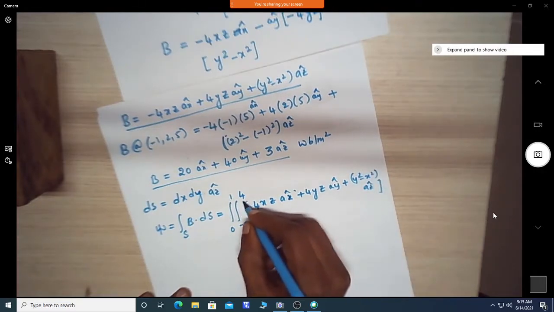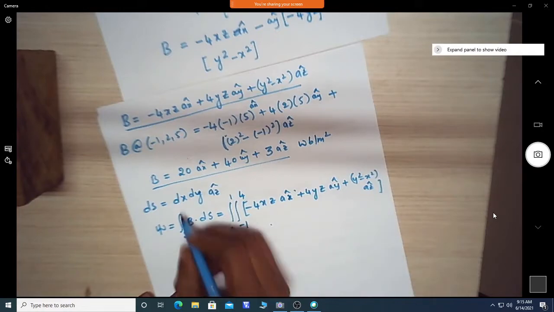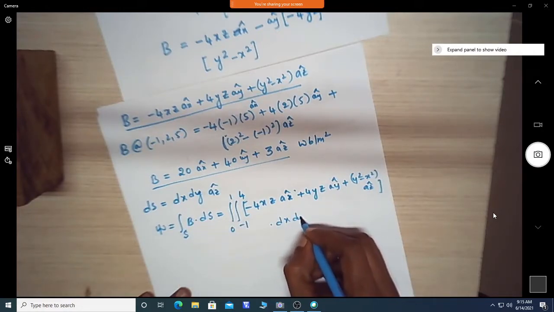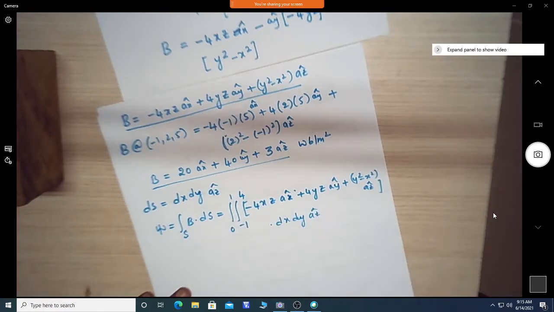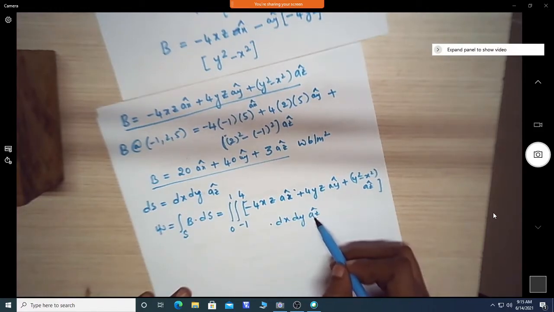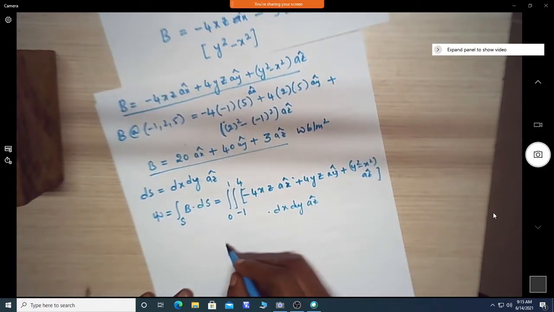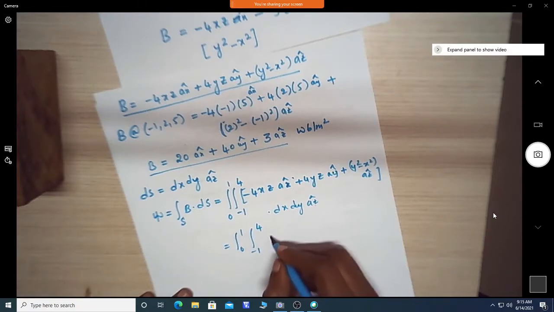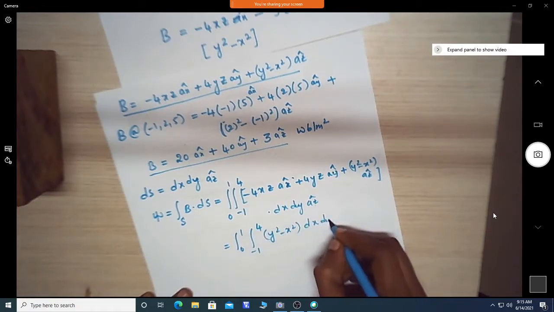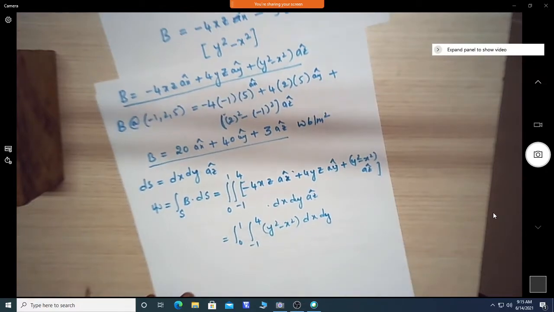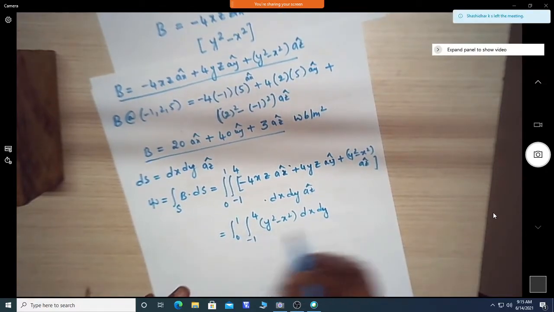So B dot ds, where ds is dx dy az. Now ax dot az is 0, ay dot az is 0, only the last term will remain. That gives the integral from 0 to 1, and minus 1 to 4, of y square minus x square into dx dy. So that is the problem.